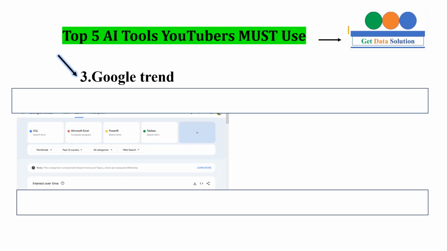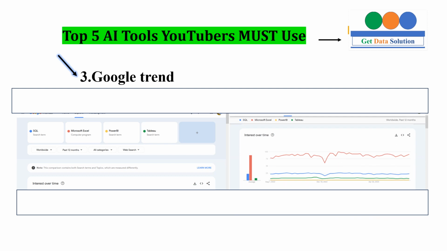The third one is Google Trends. You can use it by just adding the words you want to compare here by clicking this plus sign. In this particular case, I have used the four words SQL, Microsoft Excel, Power BI, and Tableau.